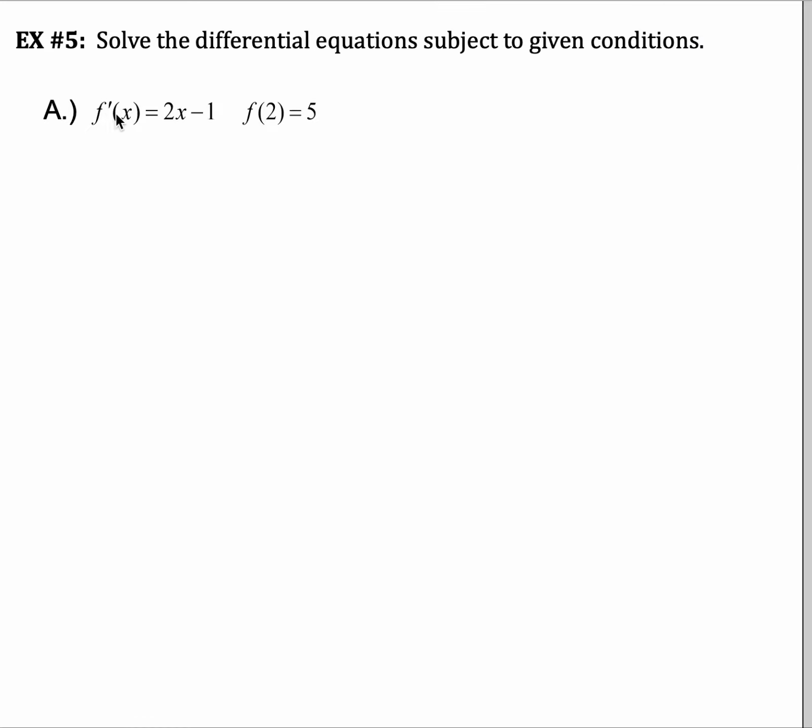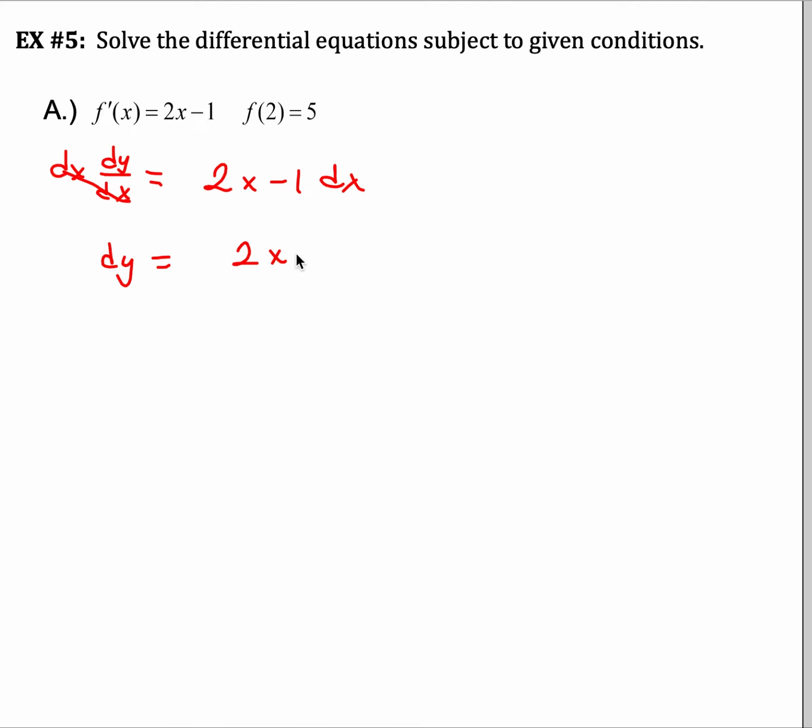So first thing, we want to express the f prime of x as dy dx. Okay. And then we want to make sure that we put our dx on the other side so that we just have the derivative of y by itself.